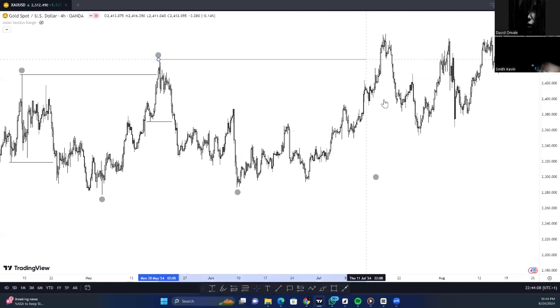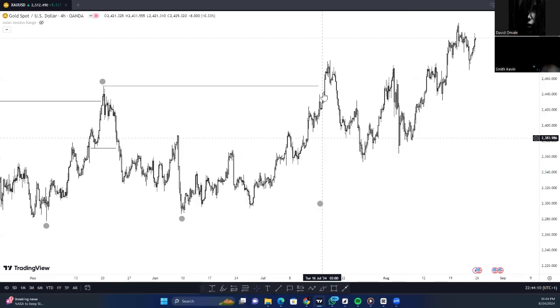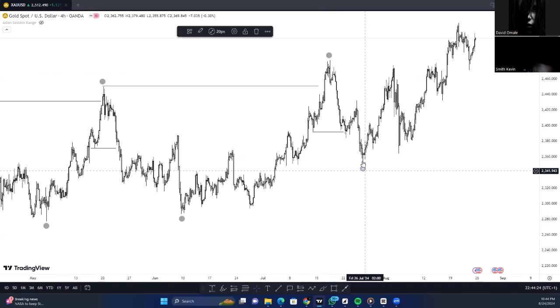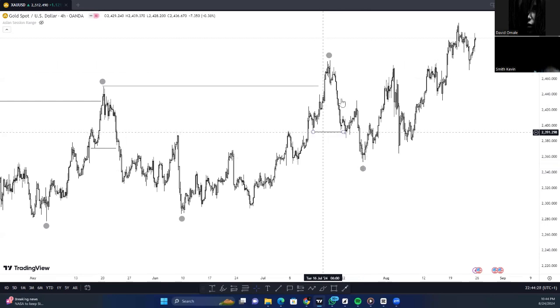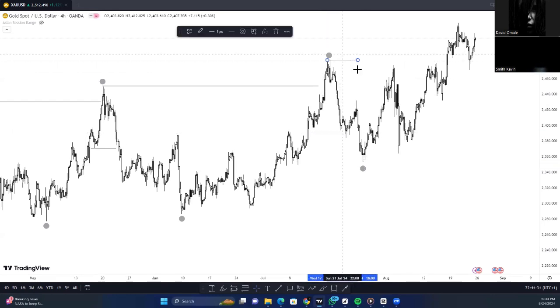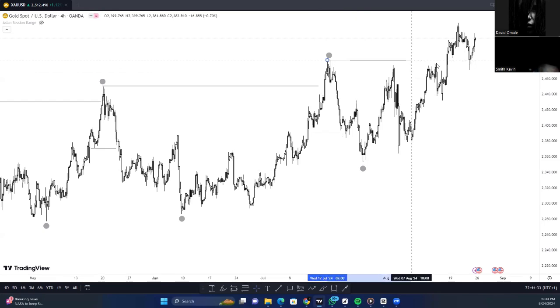So after the break, we see price coming down again to take out the recent low, making this place our higher high. Then after price coming down, we saw a situation whereby price came and took out the previous high.